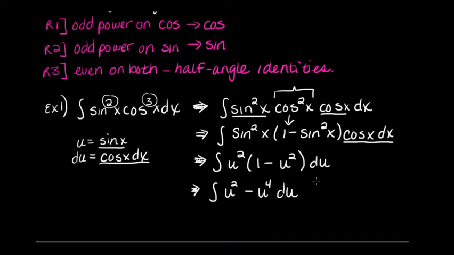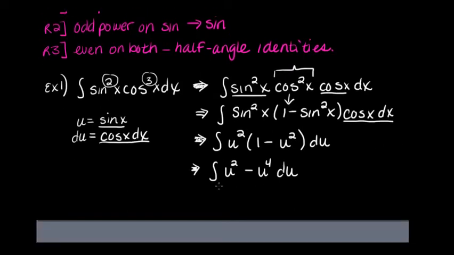All right, and from here we can take the simple antiderivative since it's in its simplest form. For u squared, taking the antiderivative, we add 1, which makes u cubed, and divide by 3. Minus, for u to the 4, we add 1 and it becomes 5, so we have u to the 5 over 5, or 1/5 if you'd like to see it.